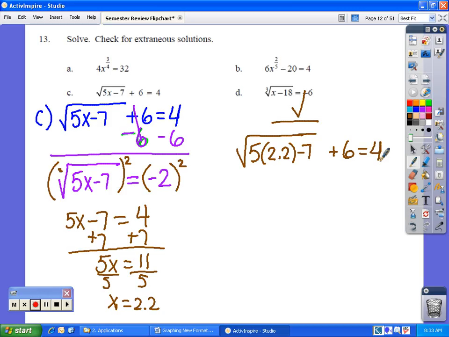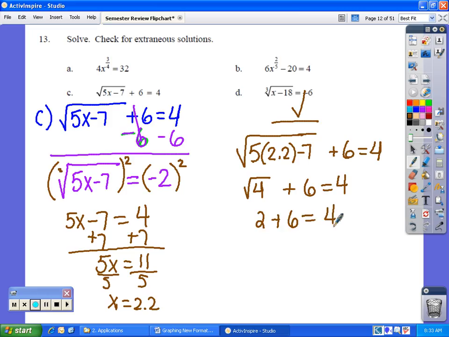Now, when you put this root in your calculator, make sure that all of this is in parentheses, because if it's not all in parentheses, it won't read right. So when you do that, you wind up getting the square root of 4. We all know that the square root of 4 is 2.